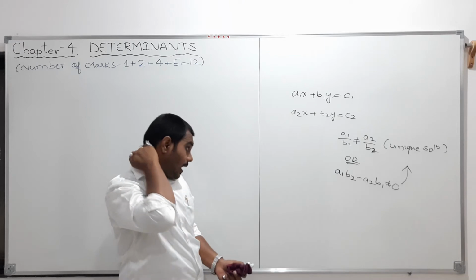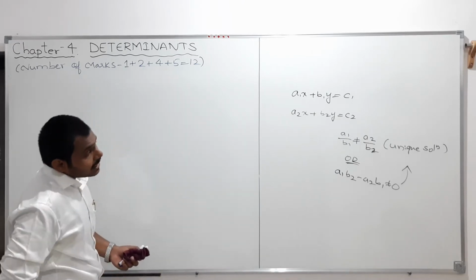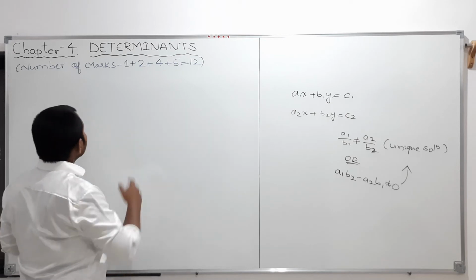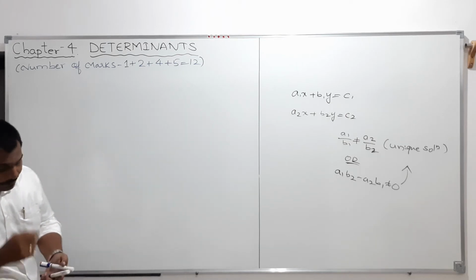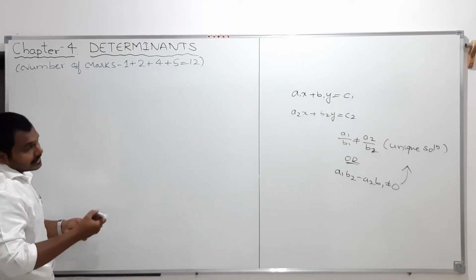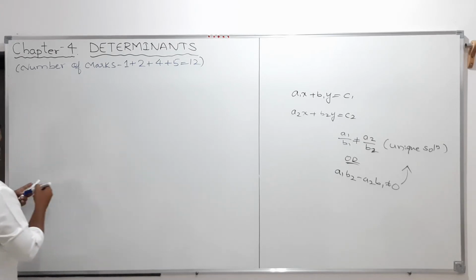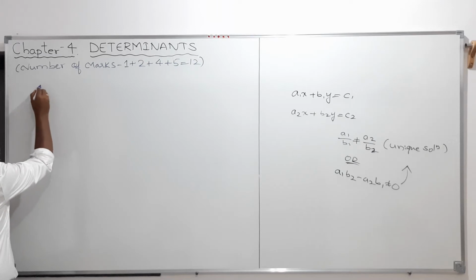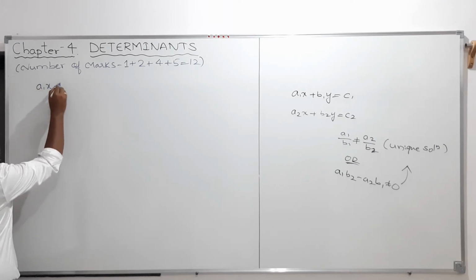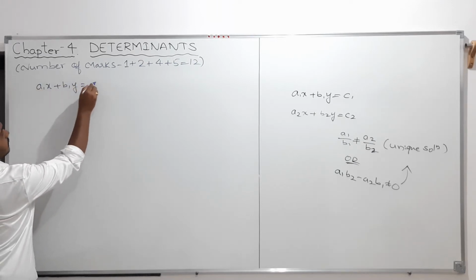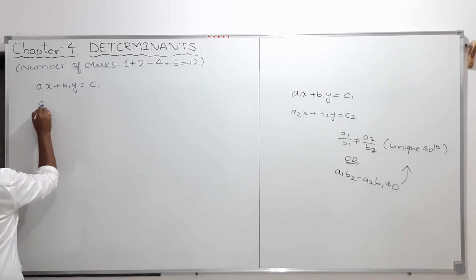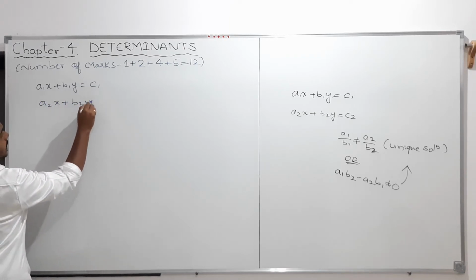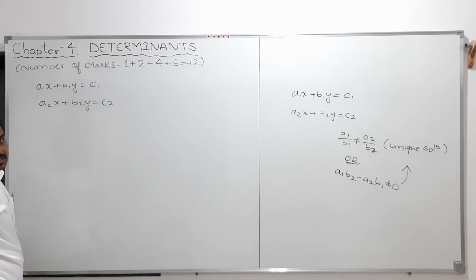Clear? So now I am using the same concept, my dear students, for the 12th class. Today we will discuss, if I have a linear system of equations, that is a1x plus b1y is equals to c1, and another linear system equation, a2x plus b2y is equals to c2.